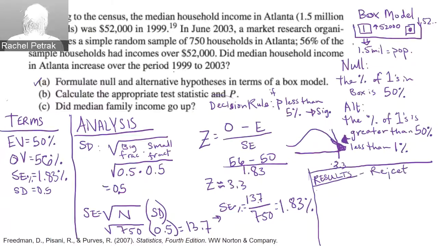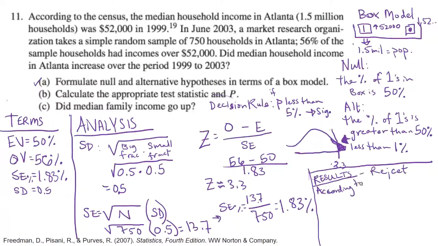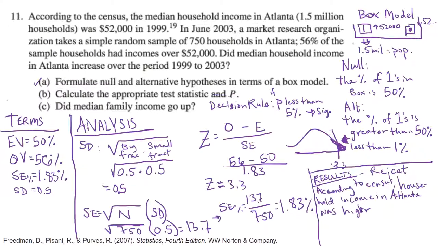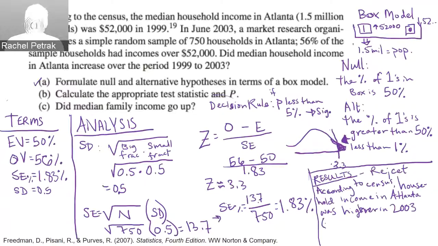So to describe that in terms of our sample, we could say that, and I'd still put in this bit, according to the census, household income in Atlanta was higher in 2003. We should give a relevant statistic here.